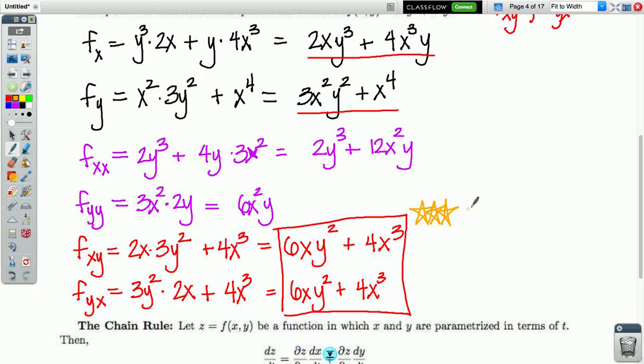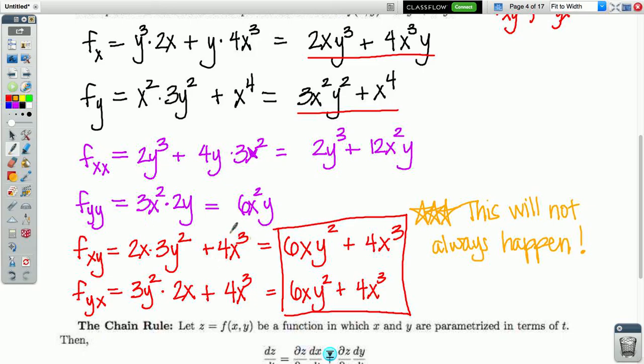I'm just going to note this right now, and I talk about it a little bit more in the exercises. The fact that these two things are the same will not always happen. So as tempting as it is to say, I'm just going to do this once and then say that the other one is the same thing, you unfortunately cannot do that because this will not always happen.